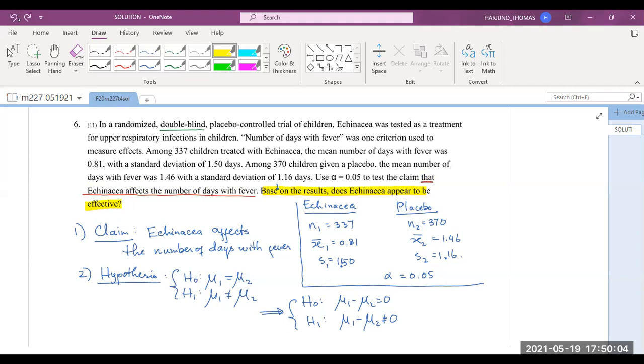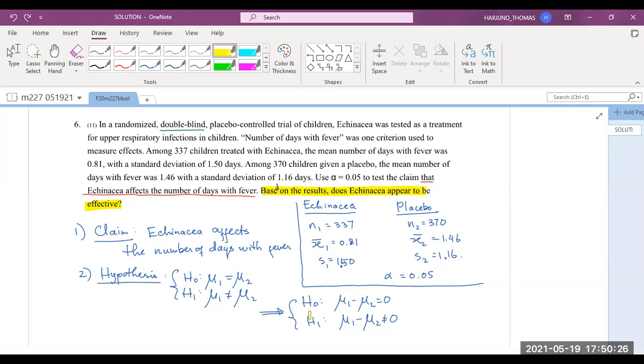Now, from here, I actually want to teach you one thing. You may say the claim is that it affects the number of days with fever, but then in your step 6 later on, you may say echinacea appears to be effective, which was not what you tested. You were testing the claim of whether echinacea affects the number of days.